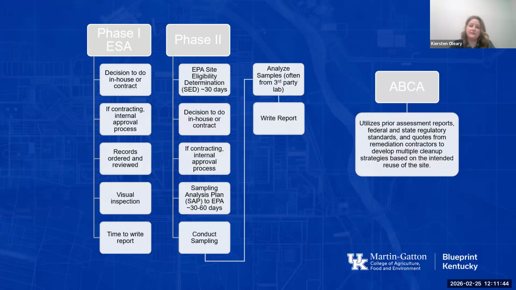Anytime environmental data is being collected, or that sampling is taking place, we have to have that quality assurance documentation approved by EPA. So that process can take up to 60 days.